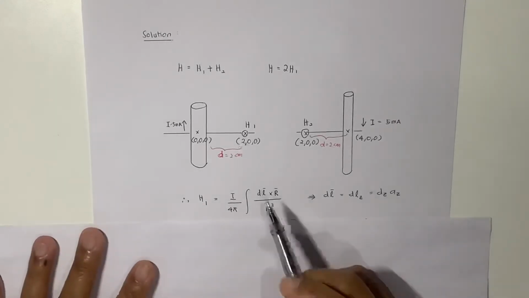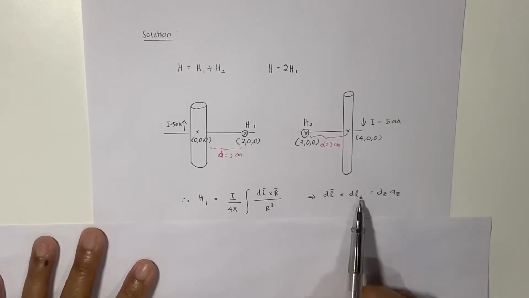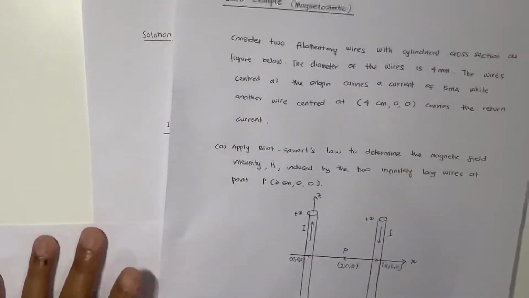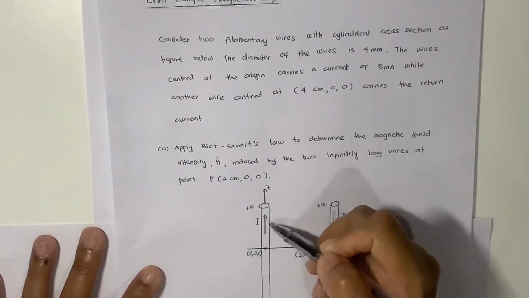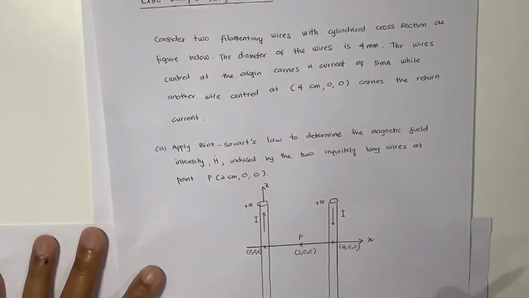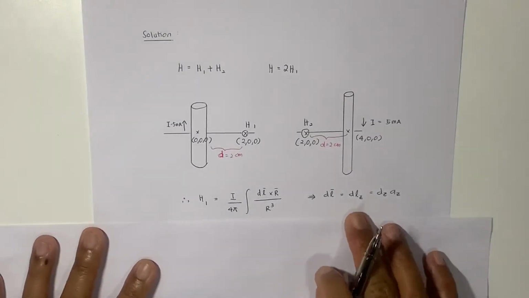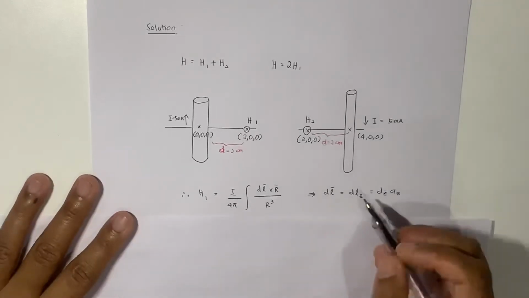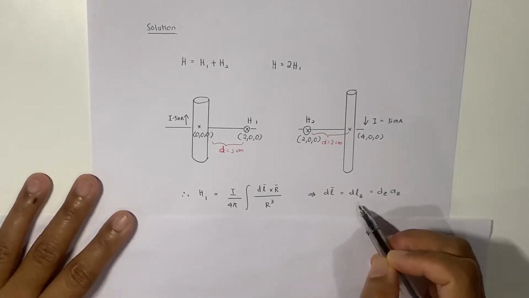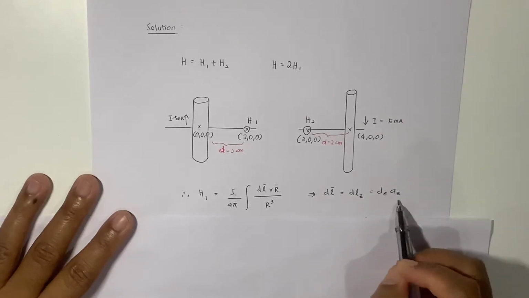We know that dl we need to use is dl z, because the question shows the wire is in the z direction. So we need to apply length in the z direction. So dl z, referring to the table in the appendix, is dz.